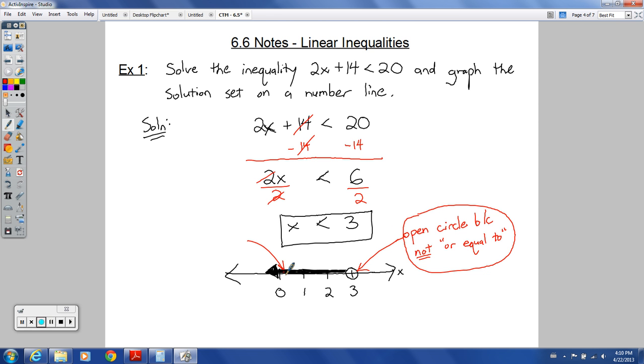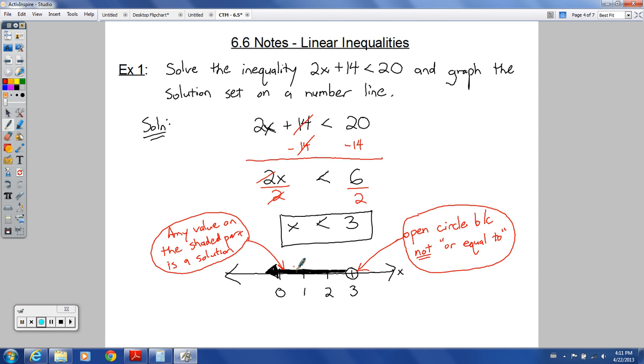And then pointing to the shaded part of the line, any value on the shaded part is a possibility, or in other words, a solution. So any value on the shaded part is a solution.